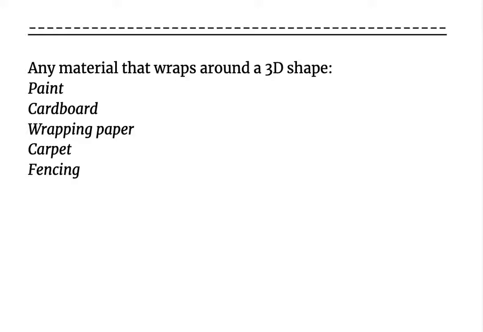Wrapping paper obviously wraps around a 3D shape. I need to find the right amount of wrapping paper so I can cover the 3D surface. Carpet is going to be used for wrapping around a 3D shape. And obviously fencing as well. That's going to go around something as a barrier.